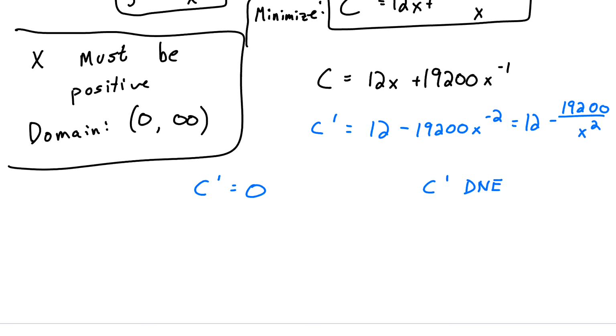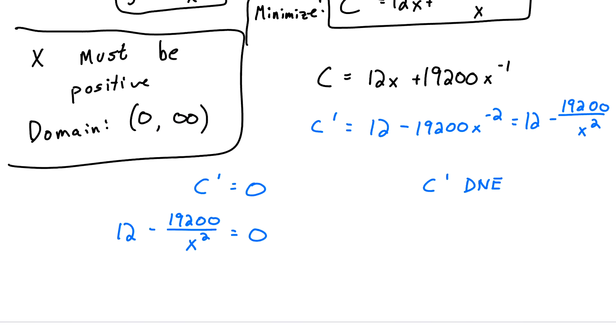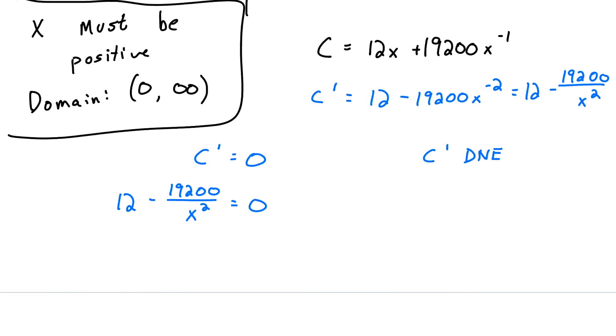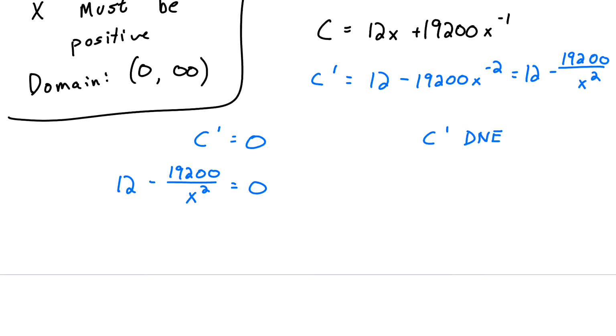Places where C prime equals 0. Let's take our derivative and set it equal to 0. So we'll have 12 minus 19,200 over x squared is equal to 0. And we want to solve this equation for x. So I'm going to add that negative term over to the other side.